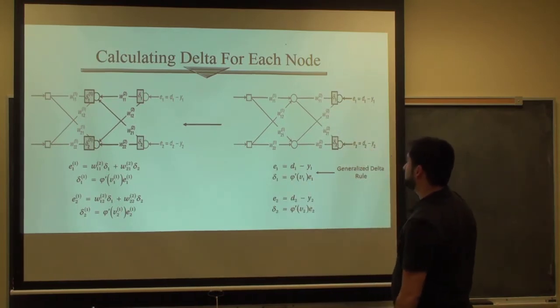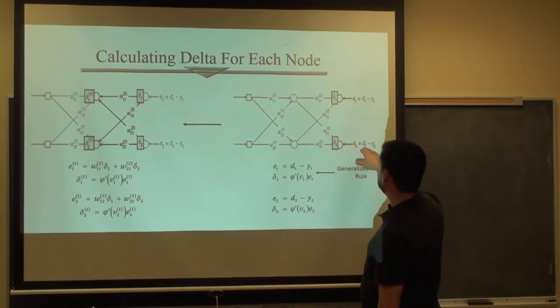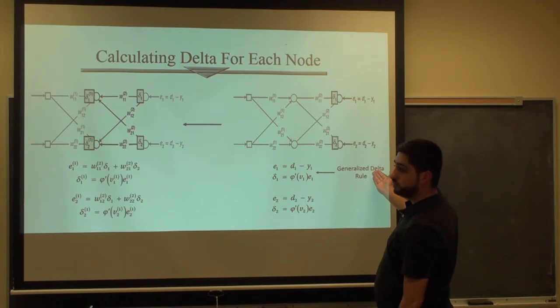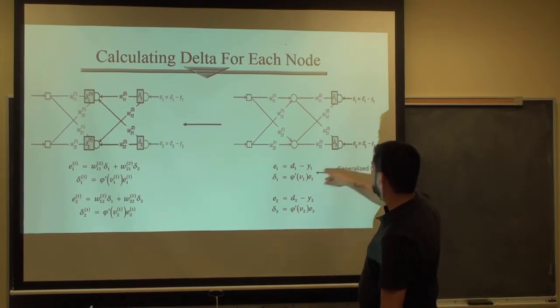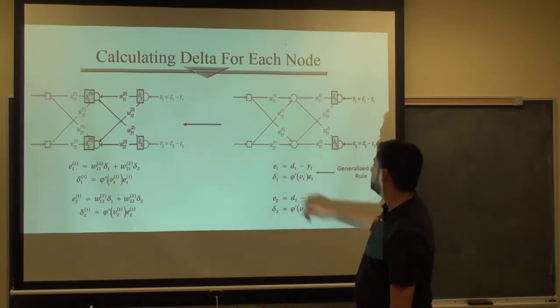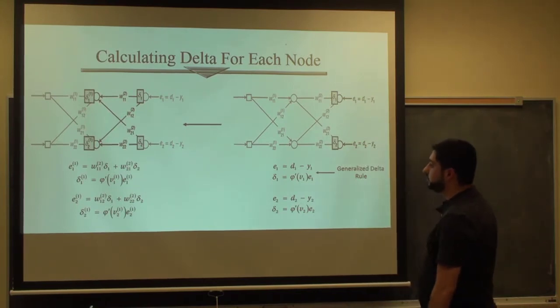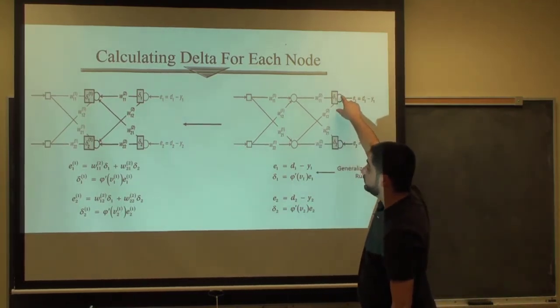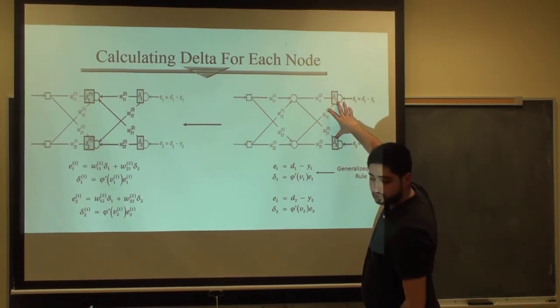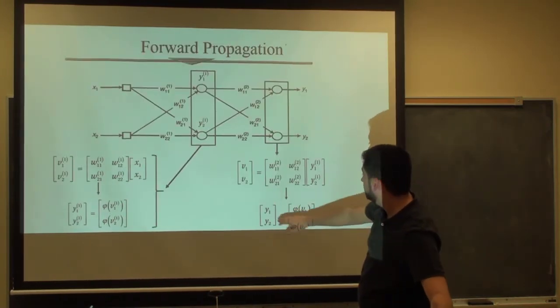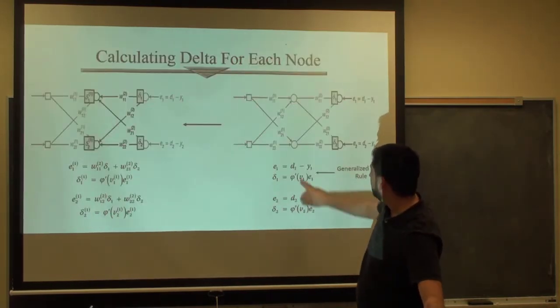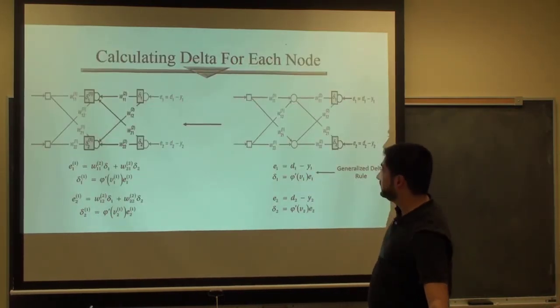Same thing for the next node, E2, the value we expect minus what we got. Then we do the generalized delta rule, which is the equation we had before. We put E times the derivative of the activation function times V. This V1 is the V we got at this node. You need to remember it's those V values. We take those and plug them into the generalized delta rule.